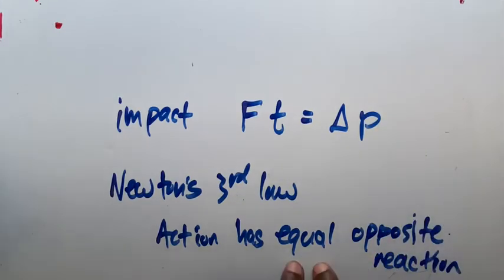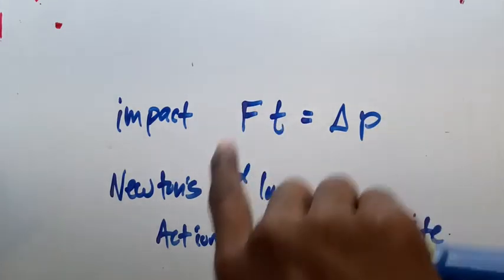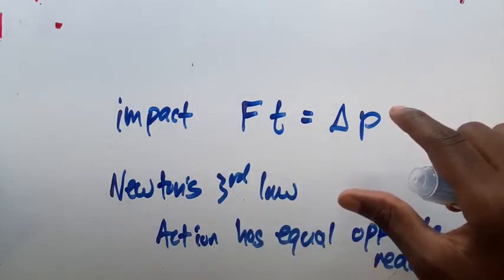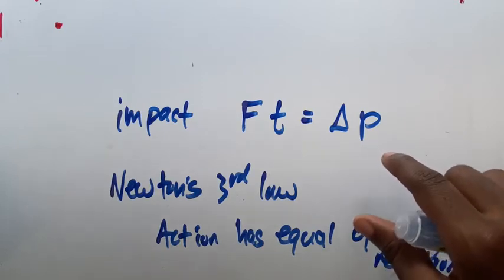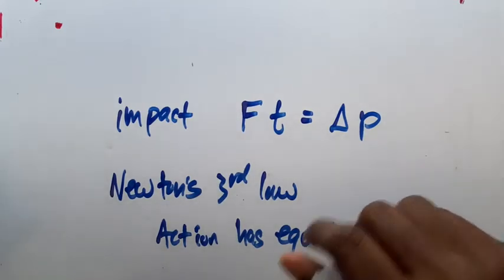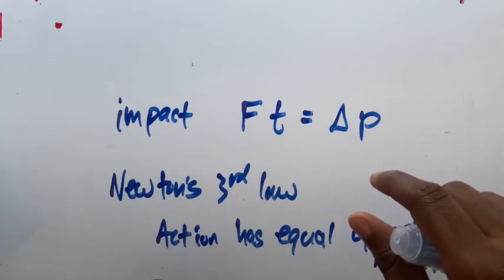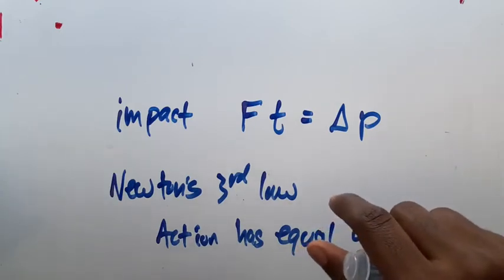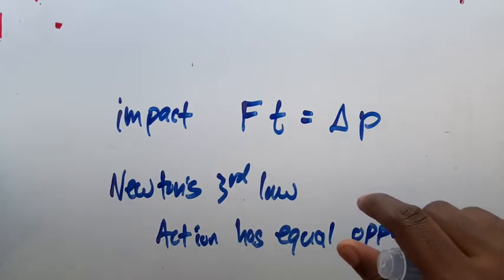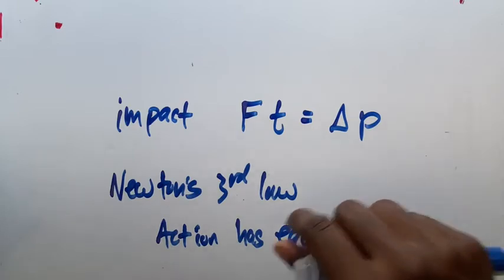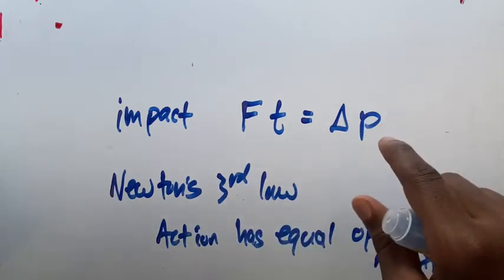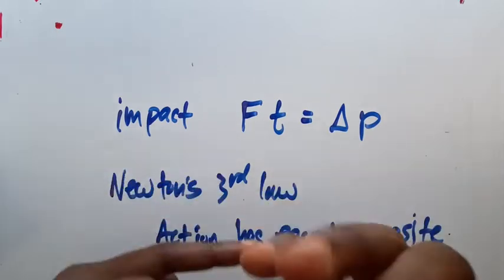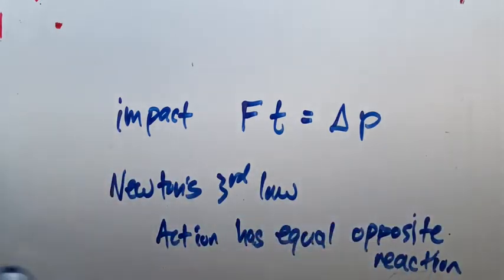Her hand's going to experience an equal but opposite reaction. So the answer here is going to be, let's see, the same force that she applied to the block. Or B, 0. No, it's not going to be 0. Less than the force that she applies to the cement? No. More than the force? We need more information. So the answer here is actually going to be A, the same force applied to the block. The same force she applies to the block is going to be the same force that is applied to her hand, but in equal and opposite directions.